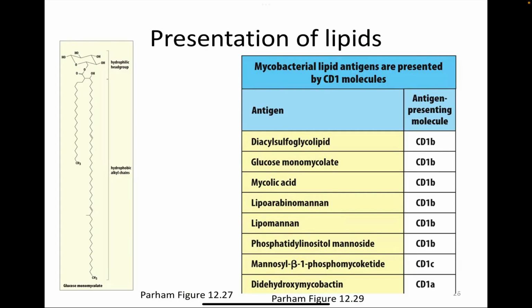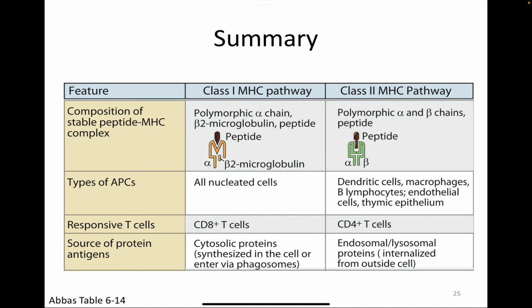The other thing I want to tell you is that I mentioned before that T cells only bind proteins, and they only see proteins as an antigen. And that was in contrast to what we saw with antibodies that could bind to proteins or nucleic acids or carbohydrates or lipids. That is true of normal T cells.